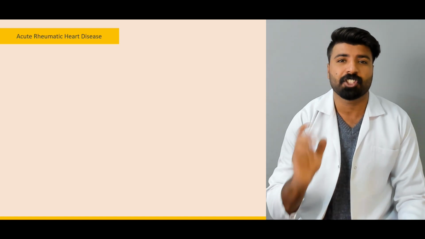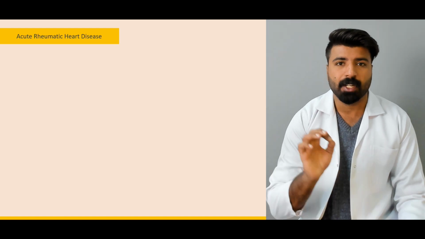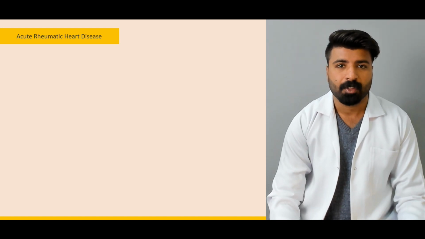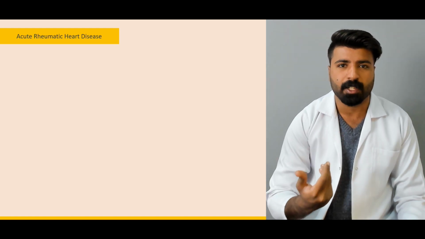In 99% of the cases, it's going to be deep throat infection. It's going to be pharyngitis. Due to that effect of pharyngitis, what happens is that the patient swallows those antigens somehow, because a deep throat infection can go inside.